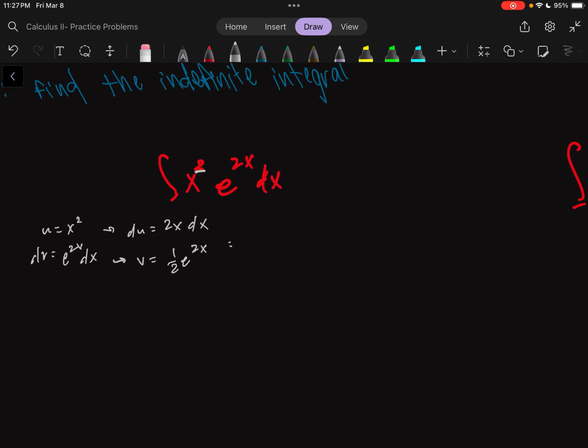So now this integral is going to turn into, I'll start it down here, uv, or x squared over 2 e to the 2x, minus the integral of v times du, right? So the 1/2 and the 2 cancel, and now we're left with another product, so we're going to have to do another integration by parts.